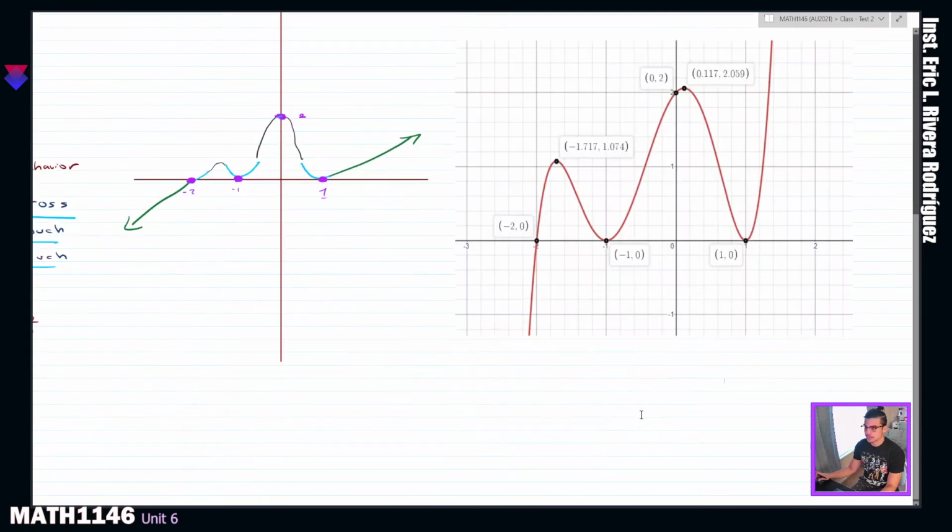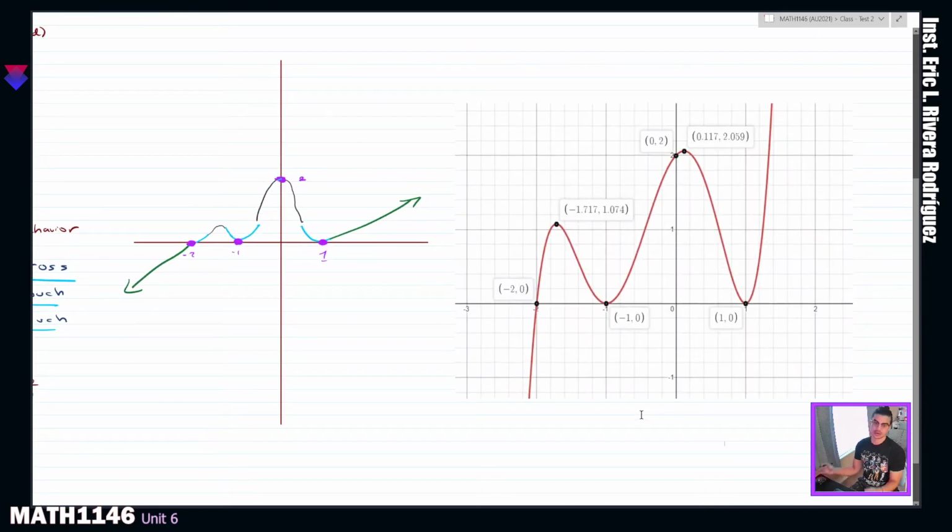Okay. So now we can compare the actual graph and the representation that I did. Don't judge me by my drawing abilities, but we can see the end behavior falls to the left, rises to the right. We can compare the x-intercepts. We have 3 x-intercepts, and the behavior of the x-intercepts.